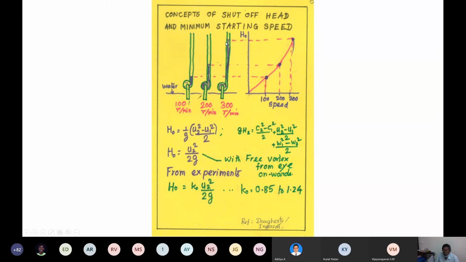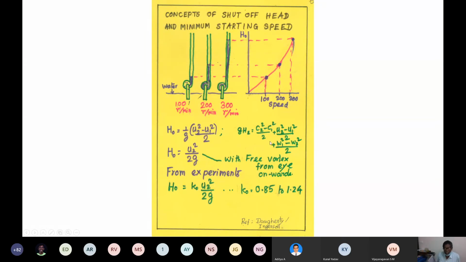So that is how these two are related, shut-off head and minimum starting speed. As the speed is increased, this shut-off head will also increase. Now we should have some idea about it, so people derive the expressions for that. There are a few derivations, and people also experimentally determine this value.